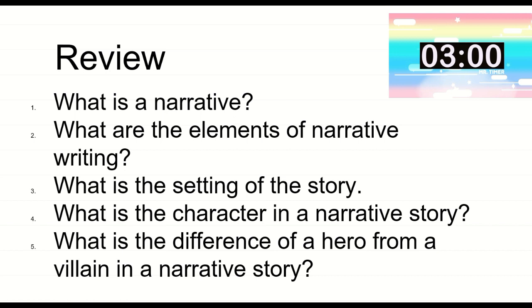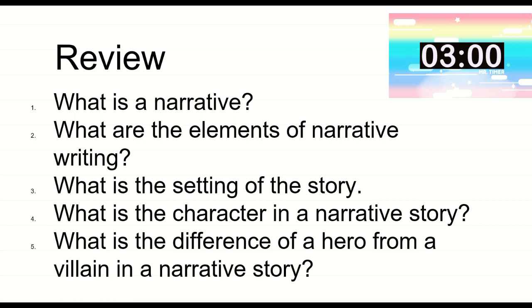Number 3. What is setting in a narrative story? So if you answer letter A, you are correct. It is the location of the events in time and place. Number 4. What is character in a narrative story? So if you answered letter A, a character is a person or other being in a narrative, you are correct.